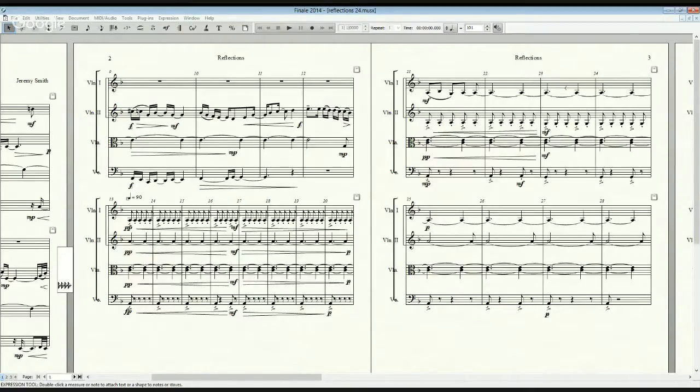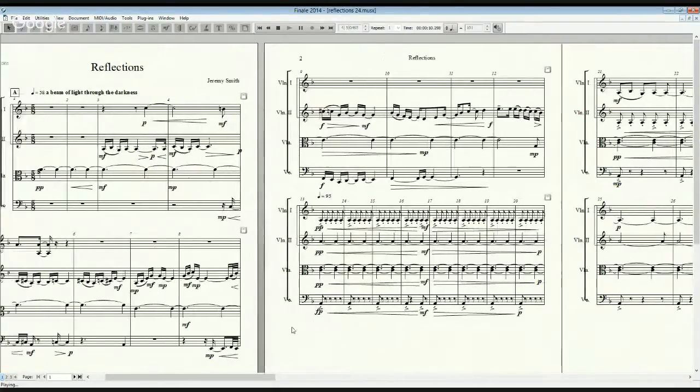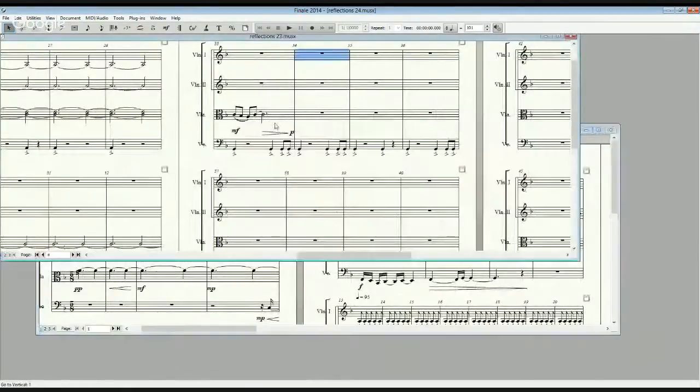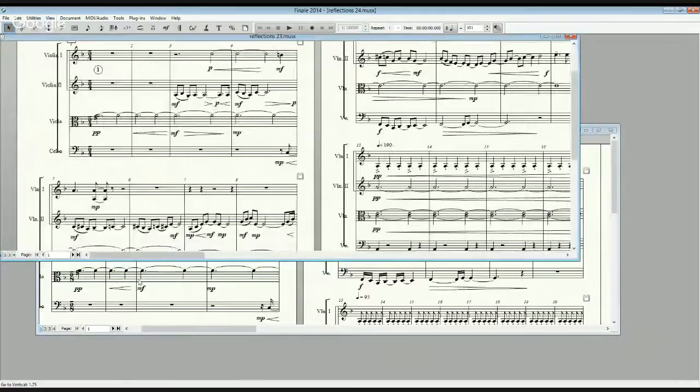So at least 95. Oh, wait, and what about the dynamics for that? That's a forte there.